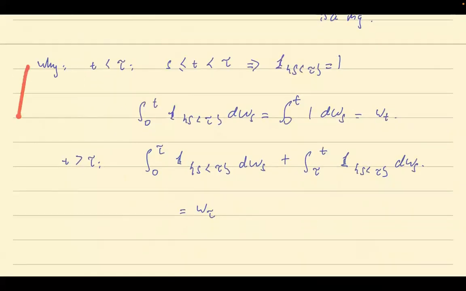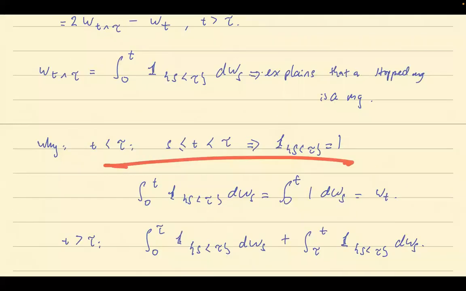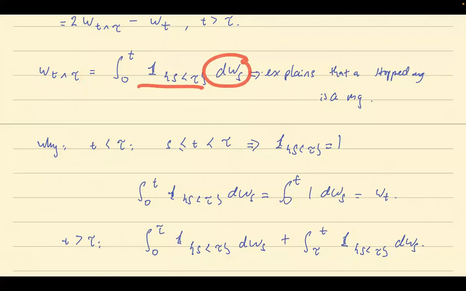All my analysis down here was just checking the time. So this is true for any process. In particular, if w is a martingale, then the stopped process can be written as an integral against a martingale. Therefore, it must be a martingale. Understand?